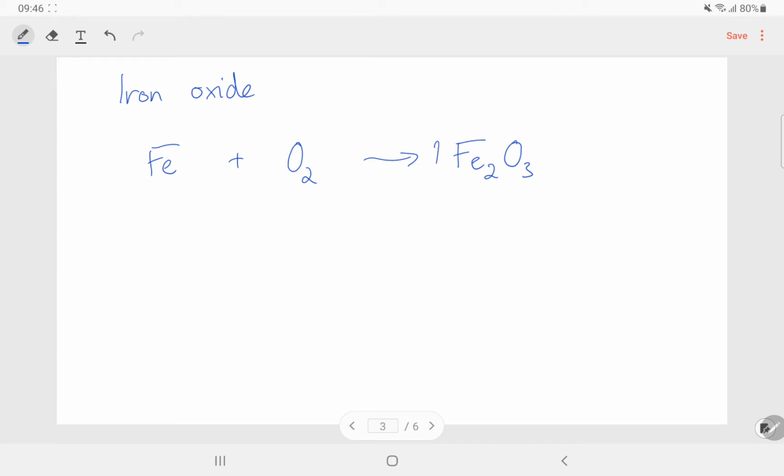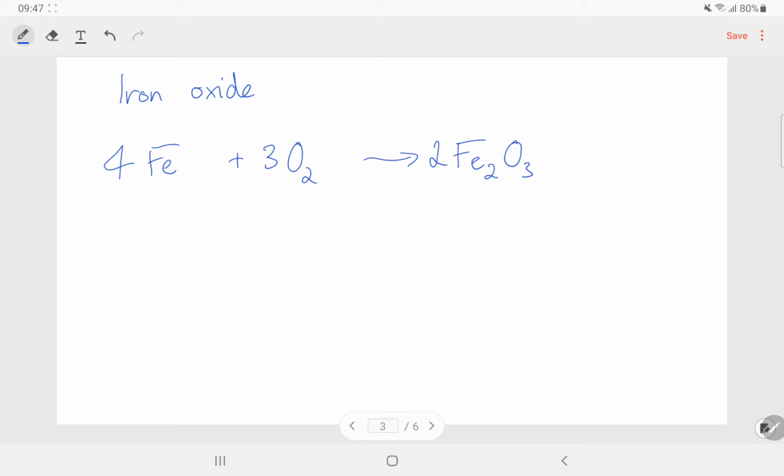So we would have to have a 2, a 3, and a 2 there. We would need 4 iron ions to make the 4 Fe3+ ions there, and 3 O2s to make your 6 oxygens over here. Now we could write this as half equations if we wanted to.